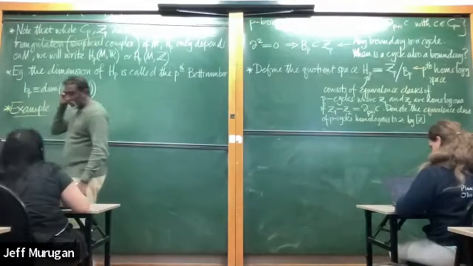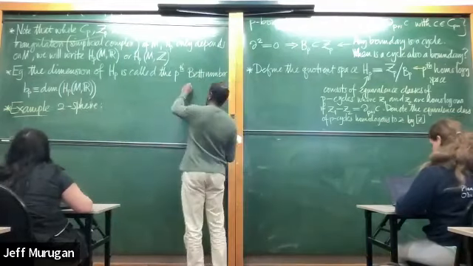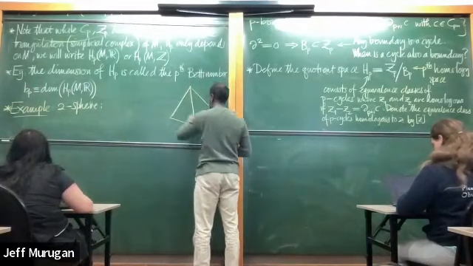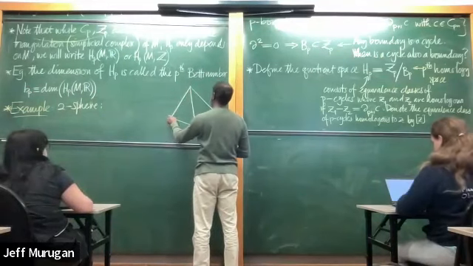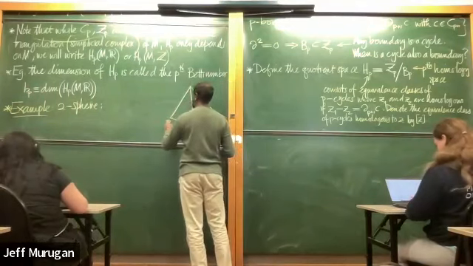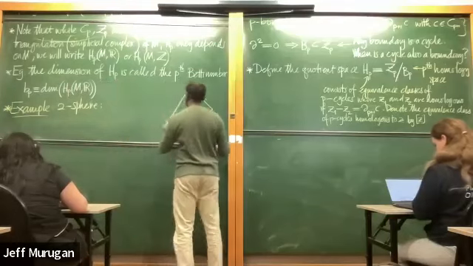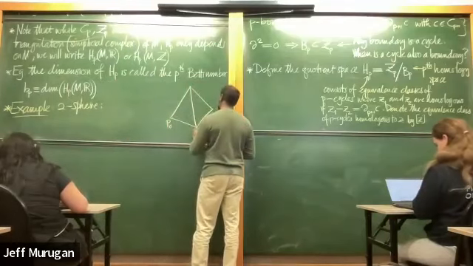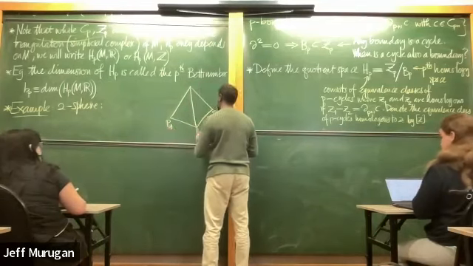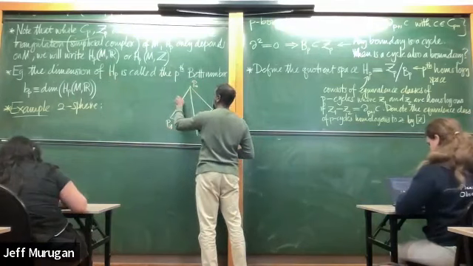I'll do the two-sphere with the tetrahedral triangulation. You've seen a picture of this before. One, two, three, four.